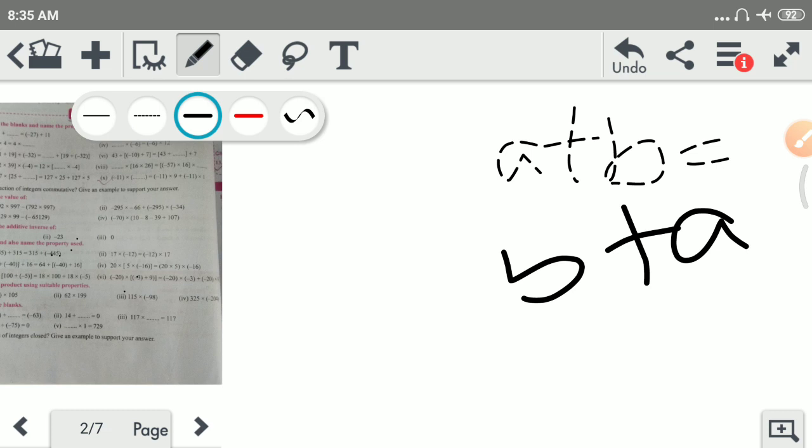That is your commutative property. It is satisfied by addition and multiplication, but subtraction and division will not satisfy the commutative property. Okay, clear?